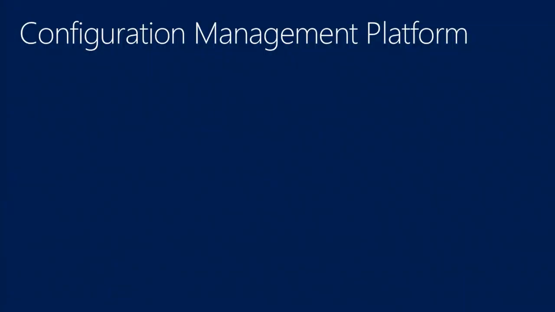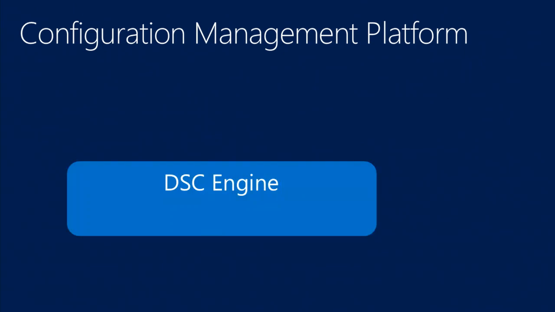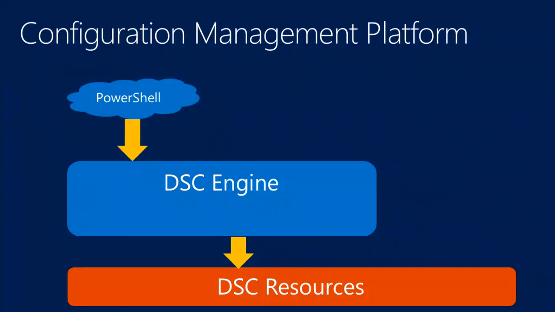Okay, now let's look at how DSC plays as a configuration management platform. So we have the DSC engine, and if we looked at all of our demos, what we did was we invoked DSC from PowerShell, and the engine in turn used a bunch of resources to configure a system.